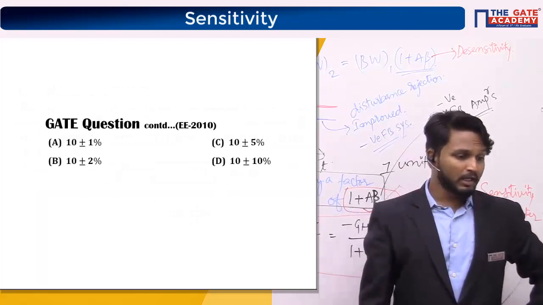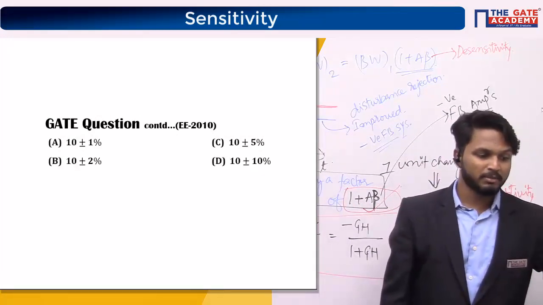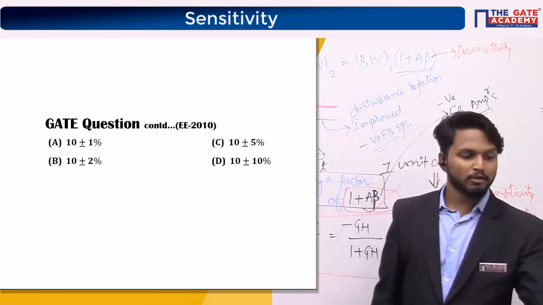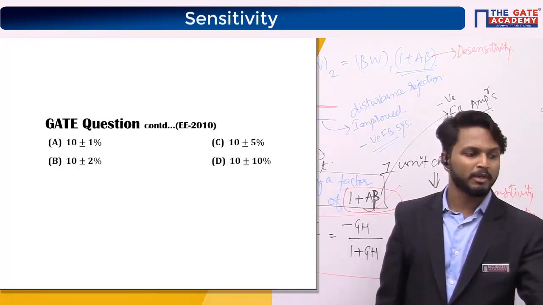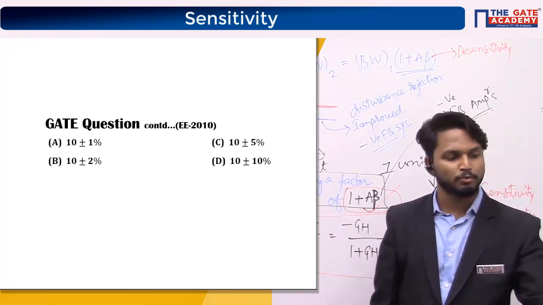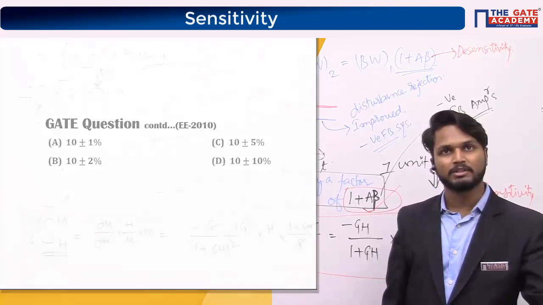The overall system gain is approximately. So look at your options also. Options are like this: 10 plus or minus 1%, 10 plus or minus 2%, 10 plus or minus 5%, and 10 plus or minus 10%.